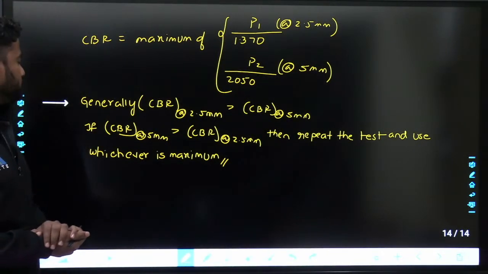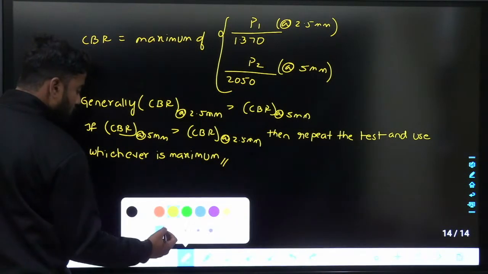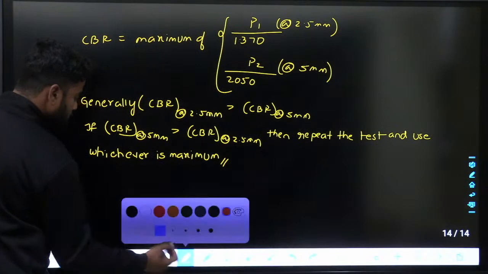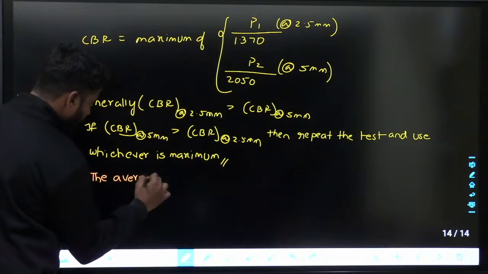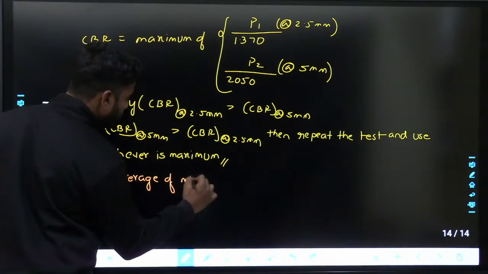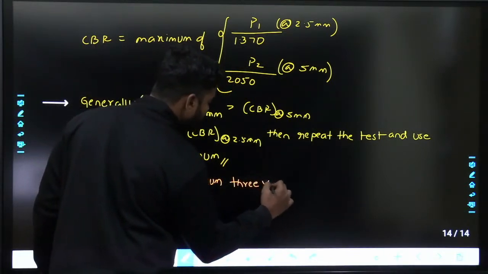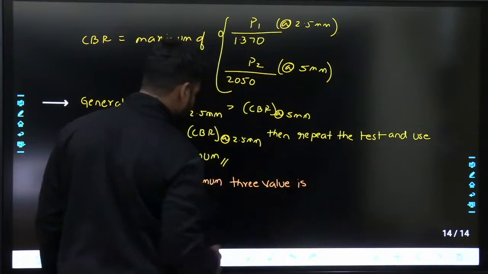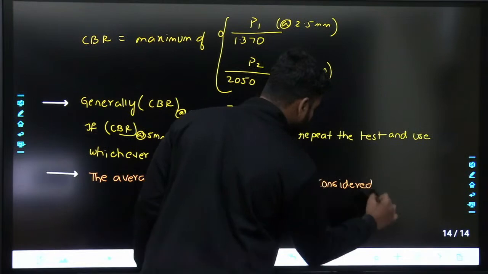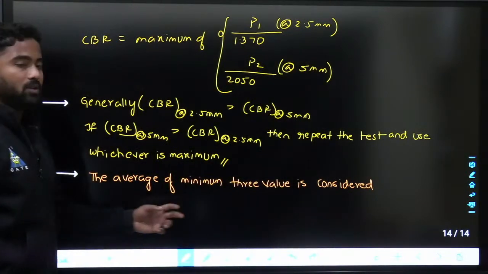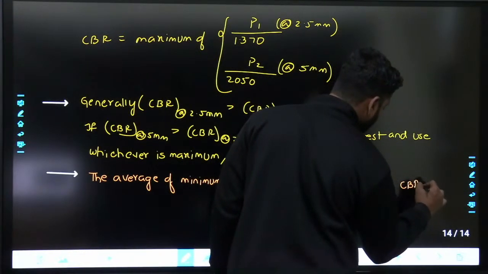Generally, the average of minimum three values is considered as the CBR value.